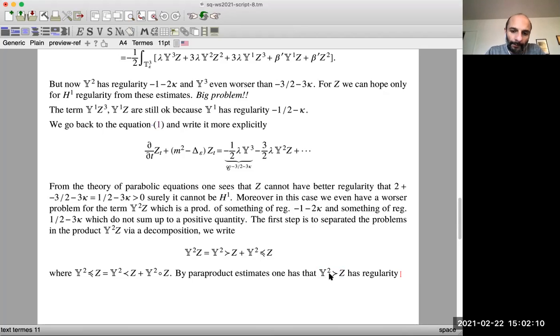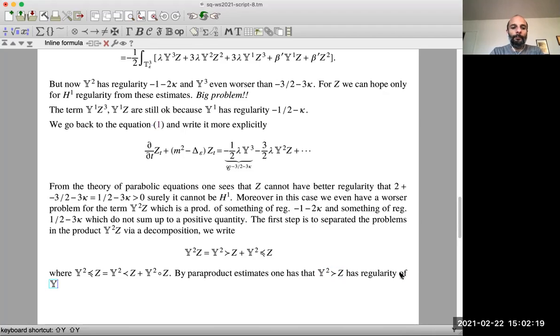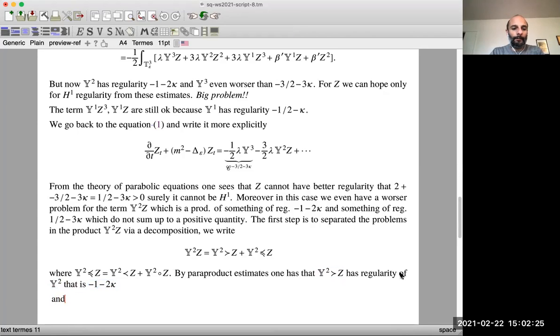Remember, in the paraproduct estimate, this has positive regularity, so it does not enter, so it's only the regularity of y2, that is minus 1 minus 2 kappa. Okay, so this is well defined.